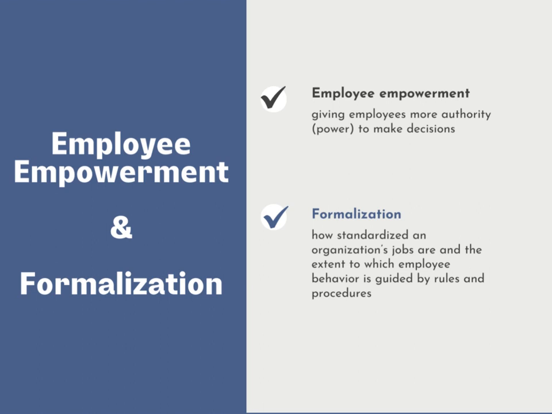So in a more centralized organization, there's probably more formalization. If everything's coming from the top, it's more streamlined, directed to the individual units in a very controlled, procedural way. You think of rules and procedures and standard operating procedures, and how those are rolled out.